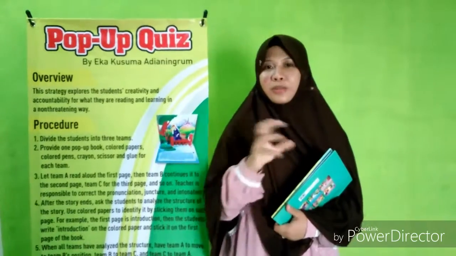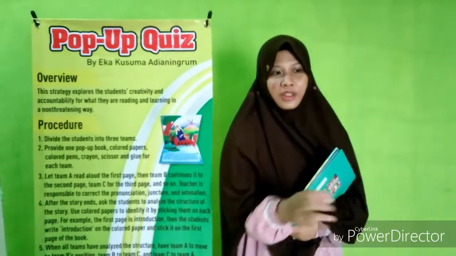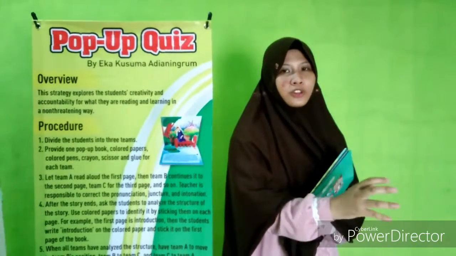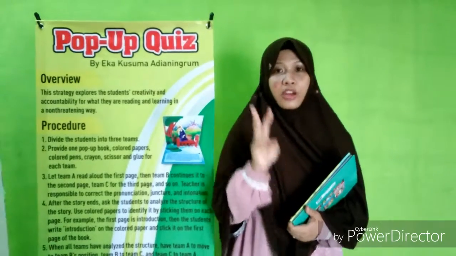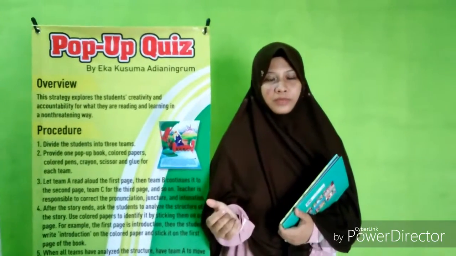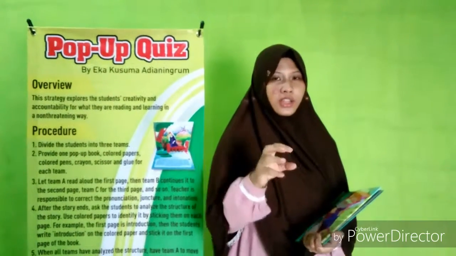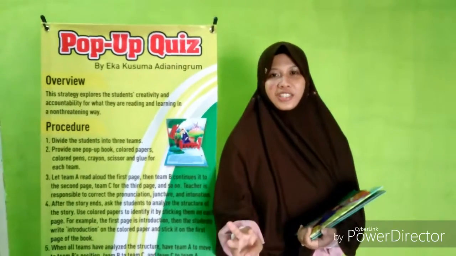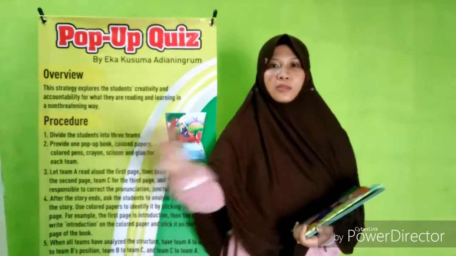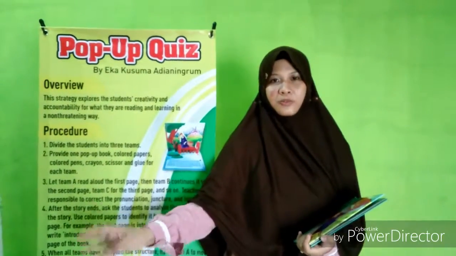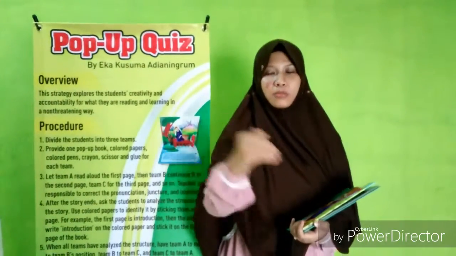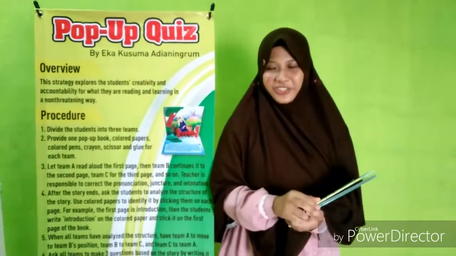After that, they will move again to the next team, and then lastly they will move to their own position. So they will create 3 questions for each team. For example, Team A creates a pop-up question in Team B's position, 3 questions, and then they move to Team C, and Team C to Team A. Team A will create 3 different questions for Team C, and they do the same activity until they move back to their own position.